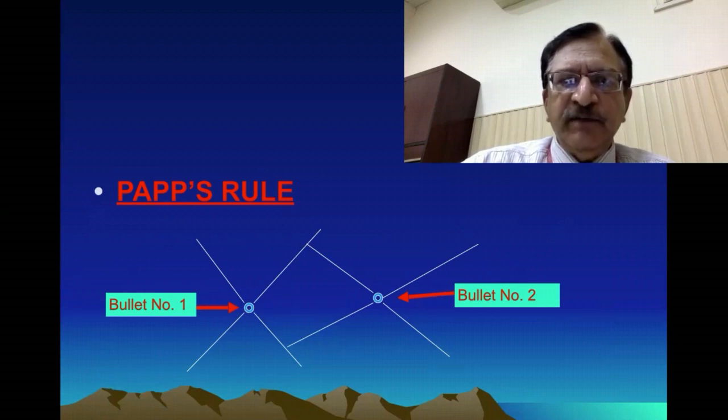So the victim was already dead by the first bullet, not by the second bullet. So the gravity of the sentence or the punishment for the second bullet assailant will be less than for the first. So that's how this rule is important for us to understand.